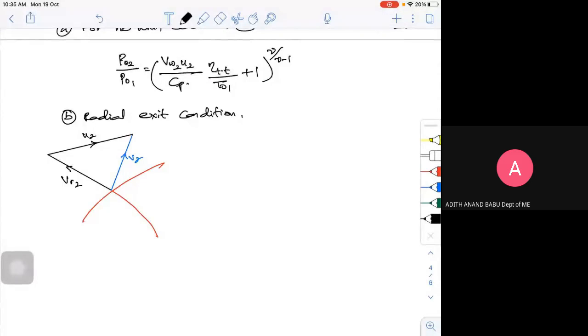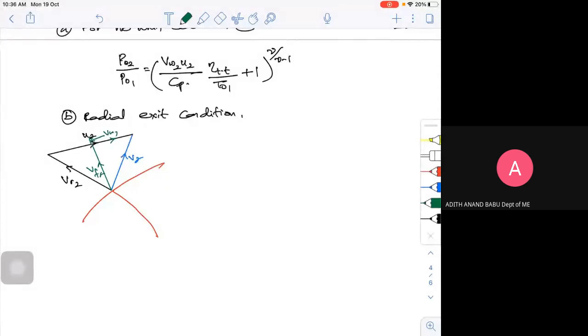What is the meaning of radial exit condition? What will happen to your VW2? You have your U2. For this condition, this is my VF2 and this is my VW2.